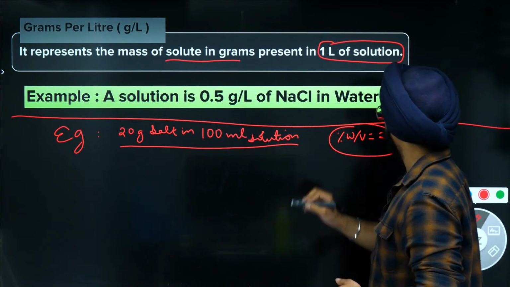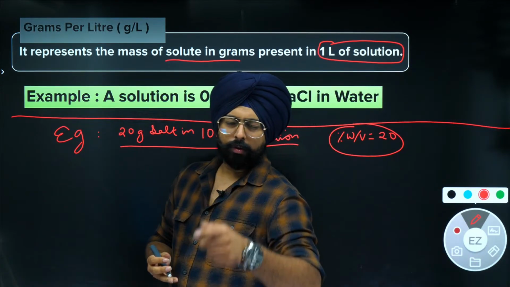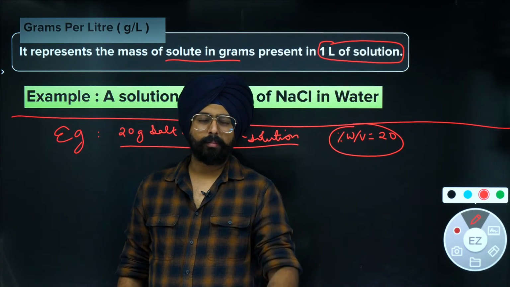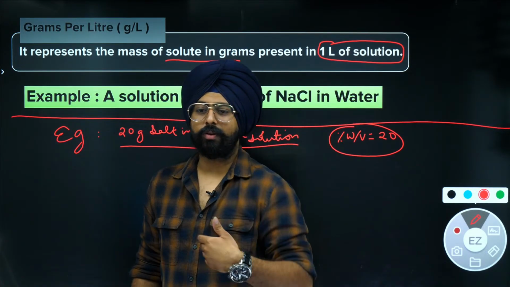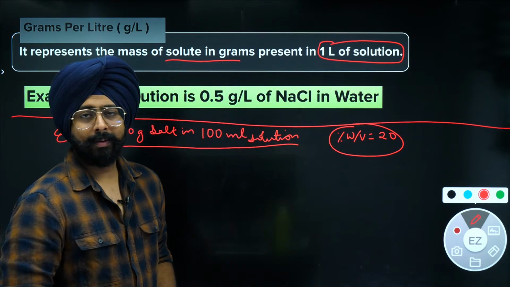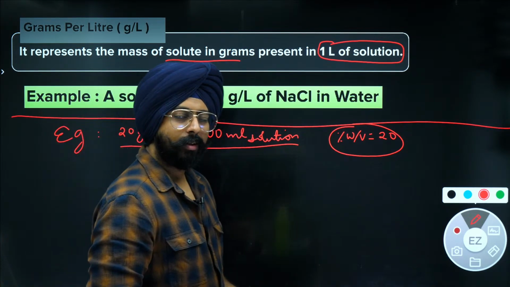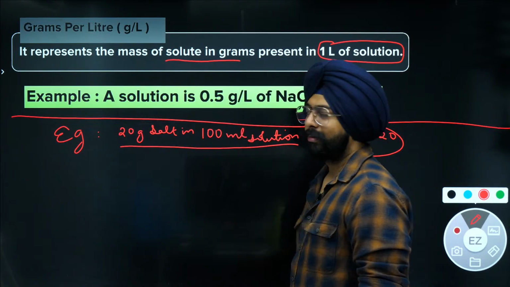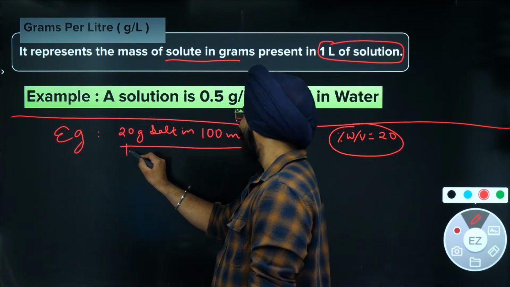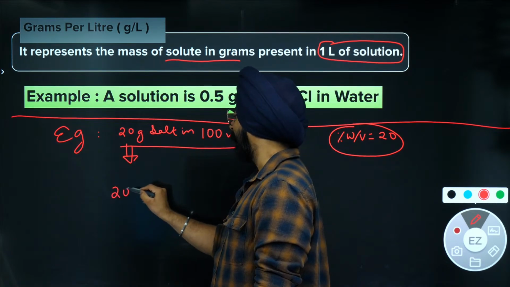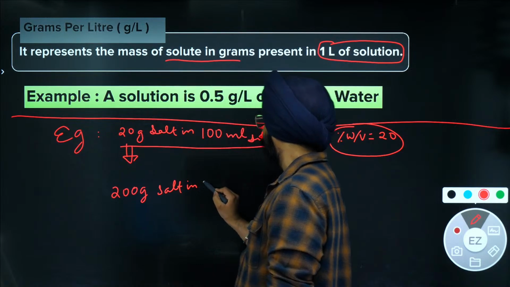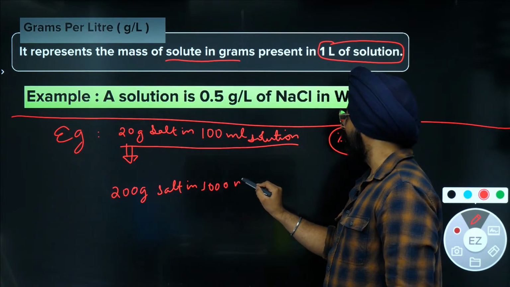Okay, awesome. But then you want to sell the solution again and earn some money. You want to show that it's your solution, not my solution. So you say, I will change the nomenclature. I will multiply both sides with 10. I can write this as 200 grams of salt in 1000 ml of solution.